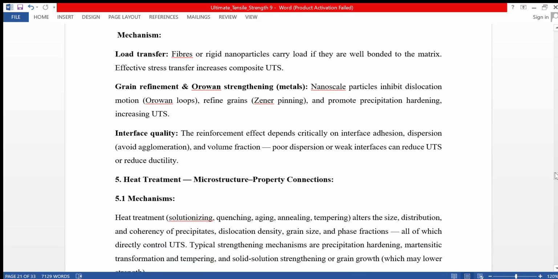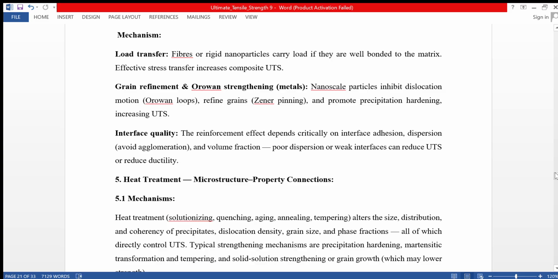Reinforcement mechanism. Load transfer: fibers or rigid nanoparticles carry load if they are well bonded to the matrix. Effective stress transfer increases composite UTS.